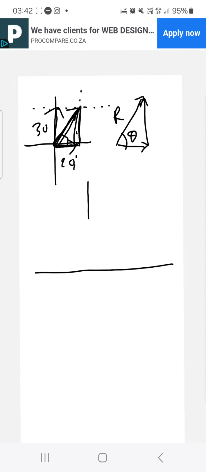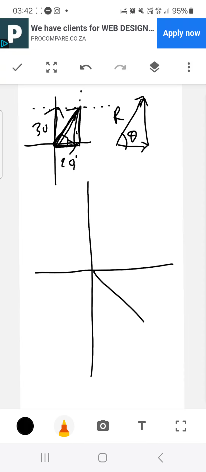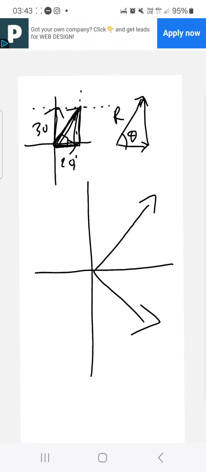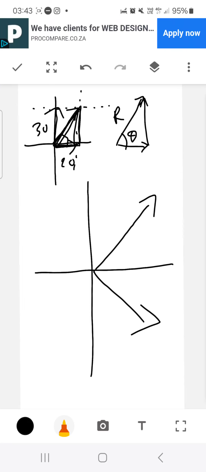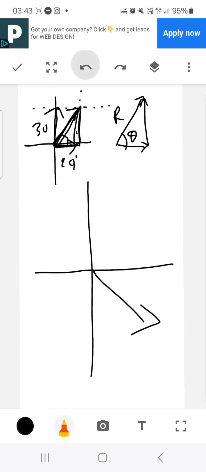Even if I have vectors that are pointing in odd directions, okay, so weird directions is what I mean, I'll show you a way of doing that in a second. But let's say, for instance, I have my Cartesian plane, and I have a vector pointing this way, and a vector pointing this way. If I want to add them up, okay, these two might just cancel out nicely, but let's draw a better one then.